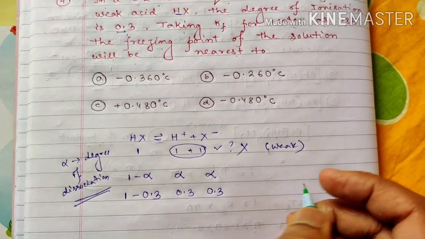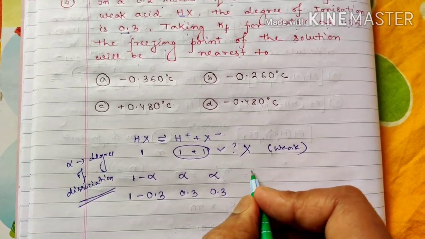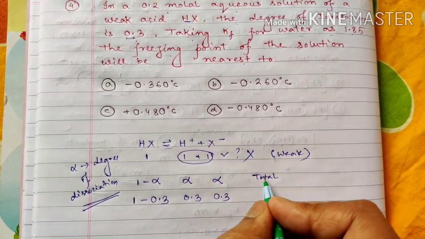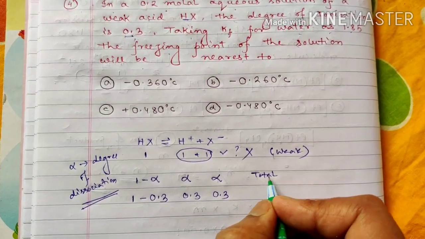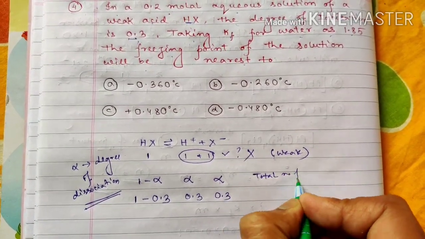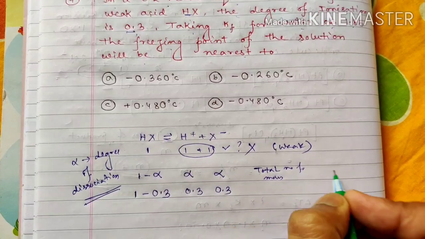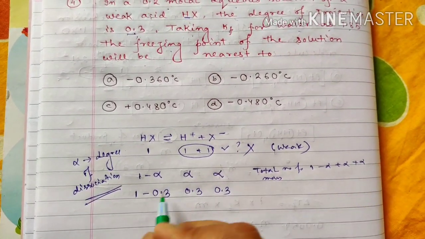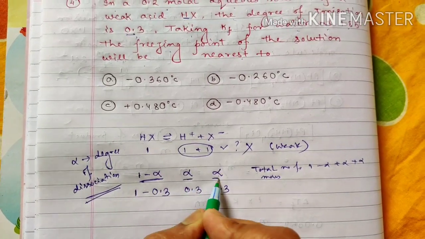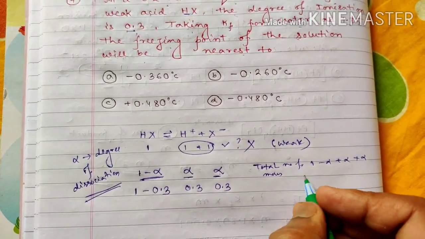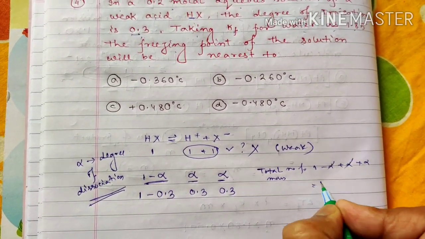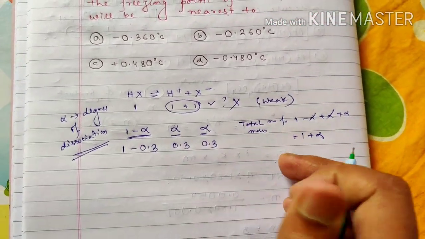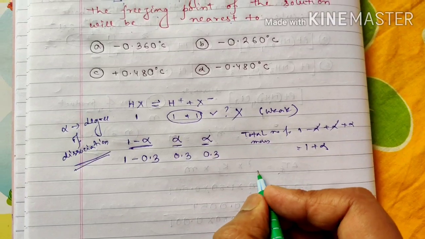If we further remember the previous class, we used to calculate the total number of moles as 1 minus alpha plus alpha plus alpha, because this is 1 minus alpha and this is alpha and alpha. So it used to be 1 plus alpha. Here also similarly, the calculation is absolutely the same.